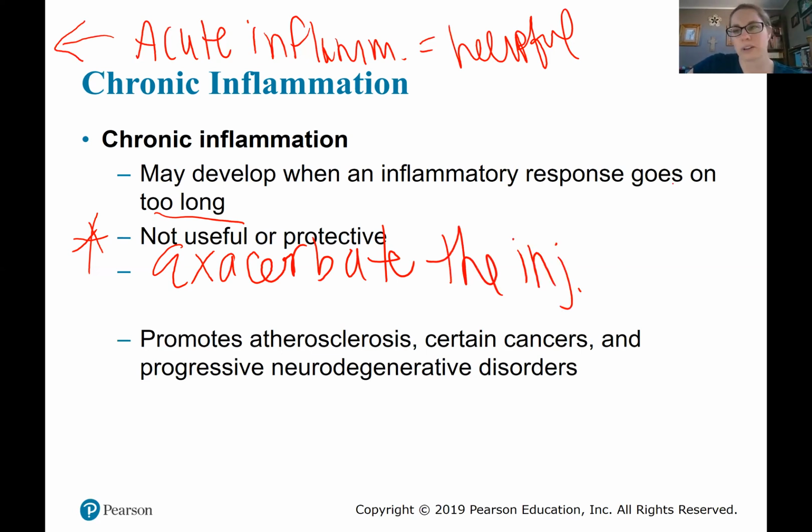It can make the injury actually worse, and it can cause more damage than is necessary. So acute inflammation can be helpful. Chronic, long-term inflammation is not helpful. It's actually harmful.